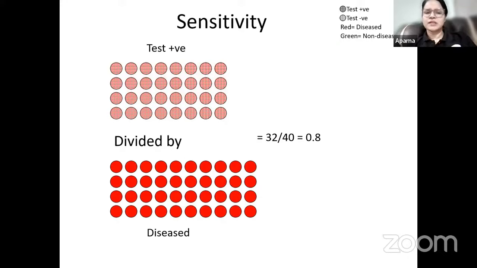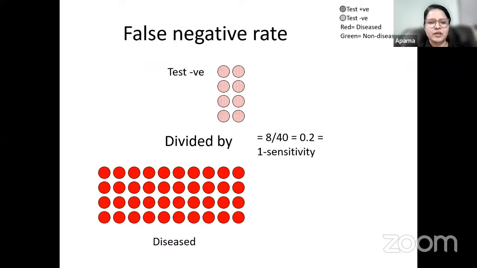So sensitivity is nothing but test positivity divided by total diseased population. So among the entire diseased population, the percentage of babies that tested positive with a new test would give us the sensitivity. So in this particular example, the total diseased population we know is 40. 40 babies had true sepsis. Among them, 32 tested positive with the new test A. So 32 divided by 40, which is 80% or 0.8, is the sensitivity.